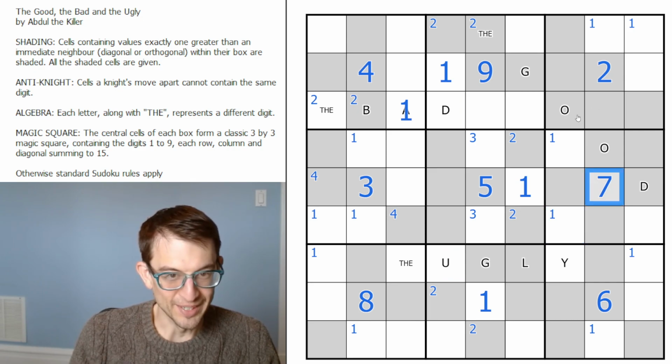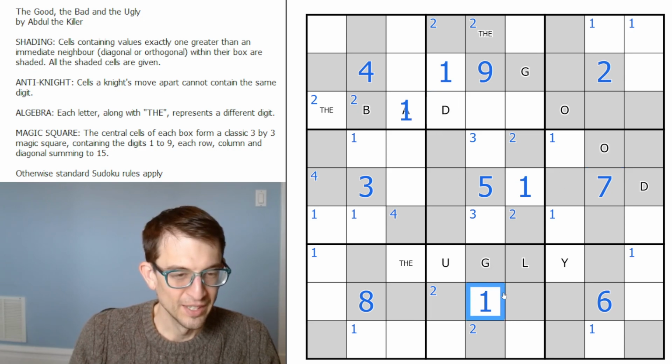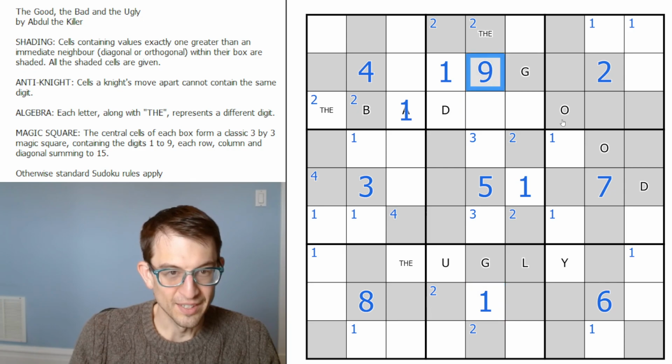Maybe this is not the right way, but just to complete it, let's look at 7s. I don't see an obvious thing that 7 has to be. 8s, same problem. Actually, 8's not so constrained. 9s are a little better. 9 could be B, U or L or Y. No, never mind.